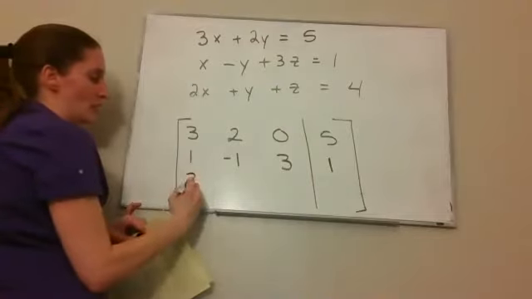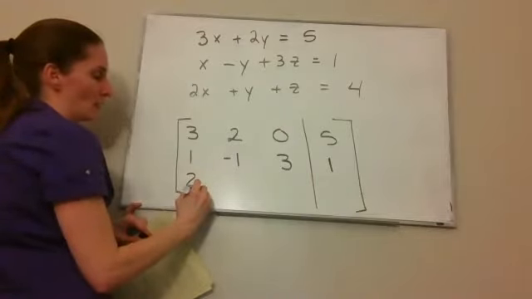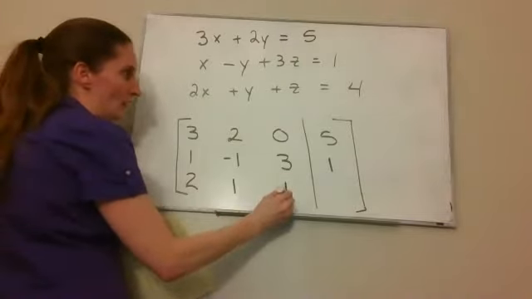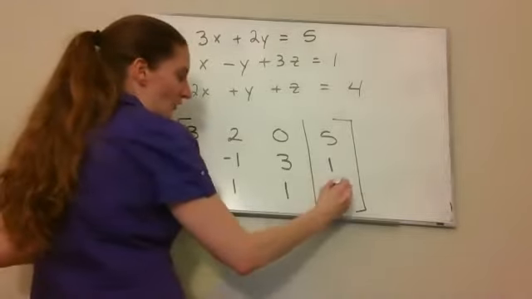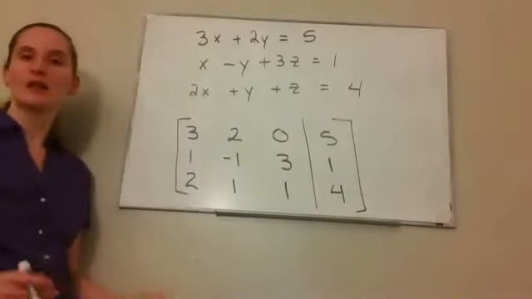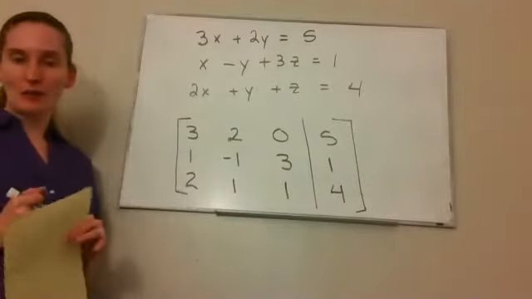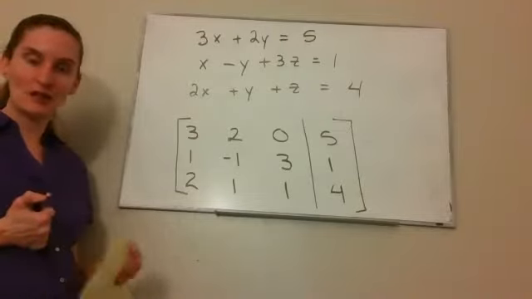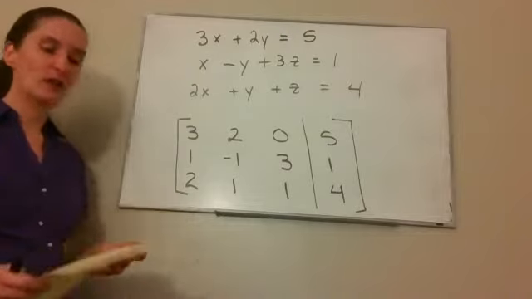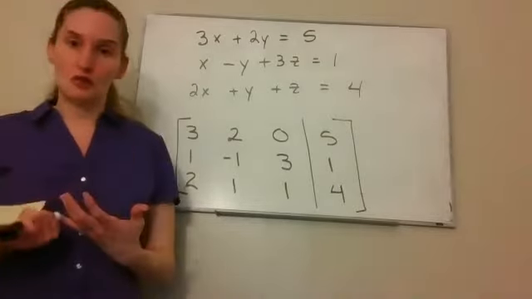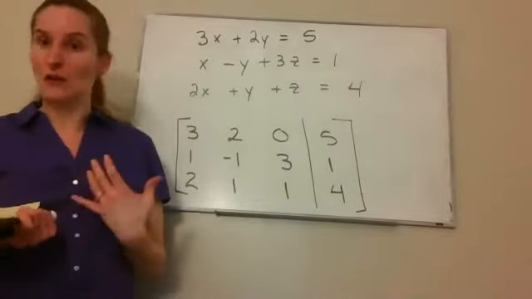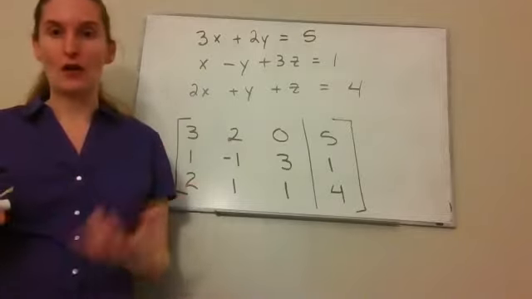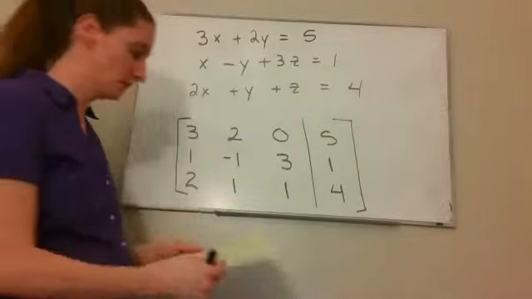And then my last equation, my x coefficient is 2, for y I have 1, z I have 1, and the other side of the equal sign is 4. So this array of numbers here, this matrix, represents the same thing as that system of equations above it. Now, we're going to learn different things we're allowed to do with our matrix without changing our system of equations. And then we're going to use those techniques to solve using a matrix.